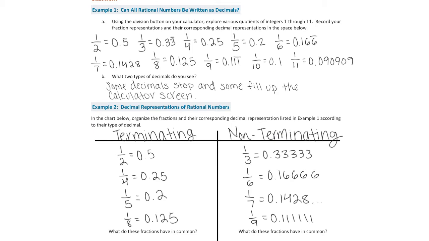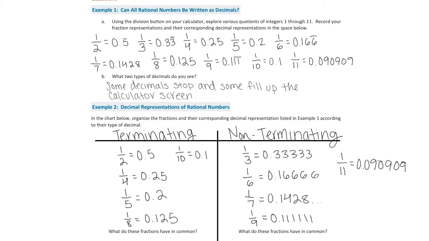Our decimal ends, so that's going to go into the terminating column. And then finally, we have 1/11. 1/11 equals 0.090909 and so on. Because the decimal keeps going, it's going to be in our non-terminating column.